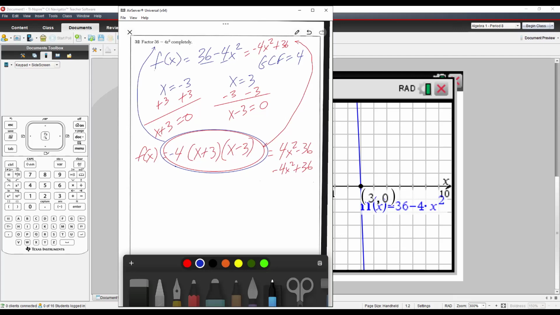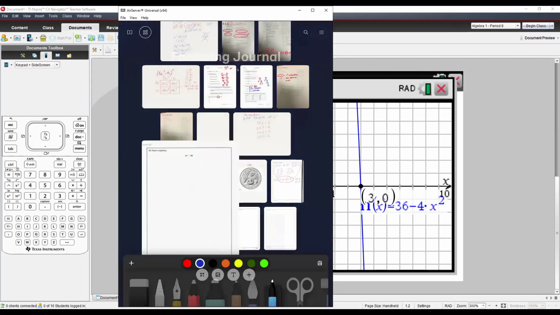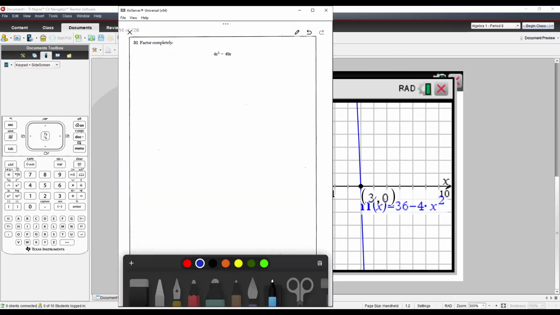All right, so now I'm going to do another one here. We've got 4x cubed minus 49x. The first thing we want to do is find the greatest common factor. I'm just going to look at the numbers.